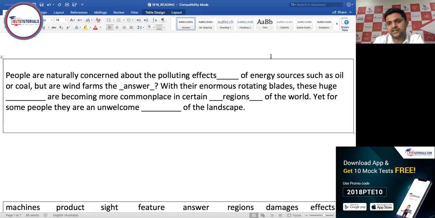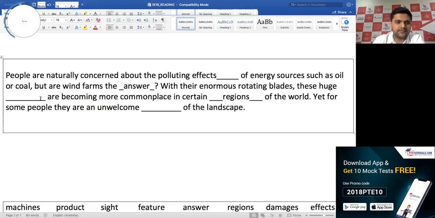So these huge dash are becoming more commonplace in certain regions of the world. So we are looking for a word which is plural, and which is a substitute of wind farms. So if you look at the options here, machines, yes, it can be a substitute of wind farms.